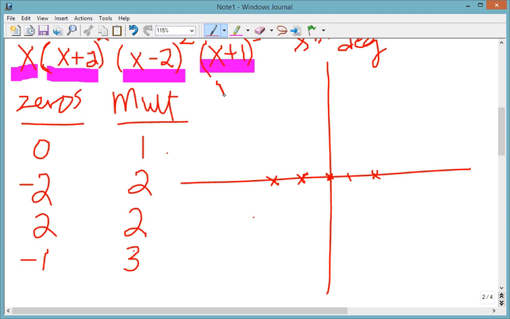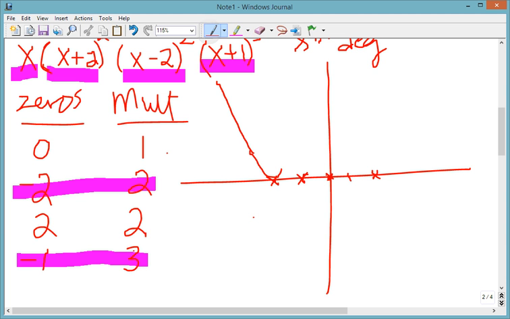So it's coming up here. When we get to -2, notice that -2 has multiplicity of 2. So it's going to touch but not cross. Right? So somewhere it has to turn around and come back down to our -1, and at -1 multiplicity is 3. So it's going to cross, but it's going to cross with a little bit of a wiggle.